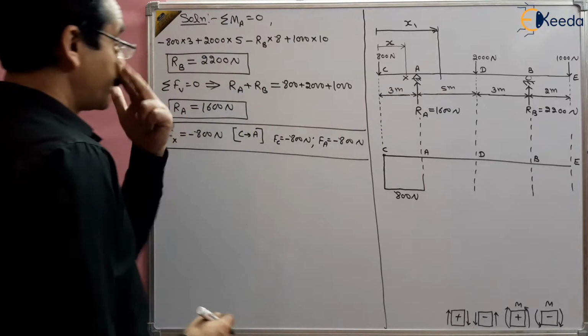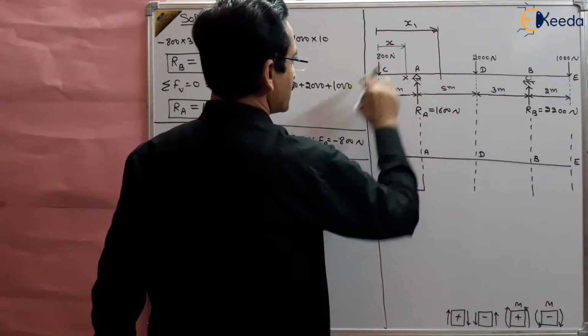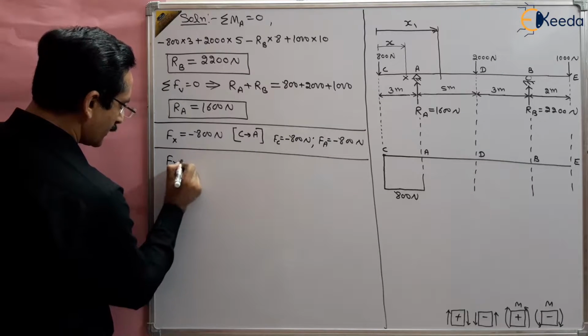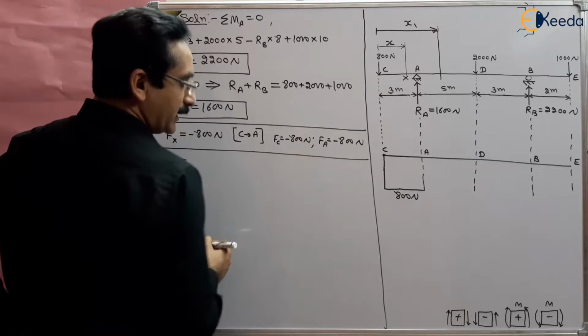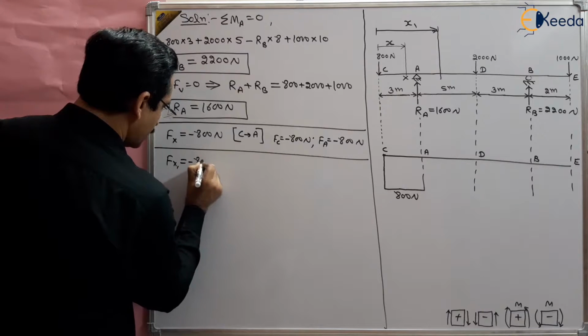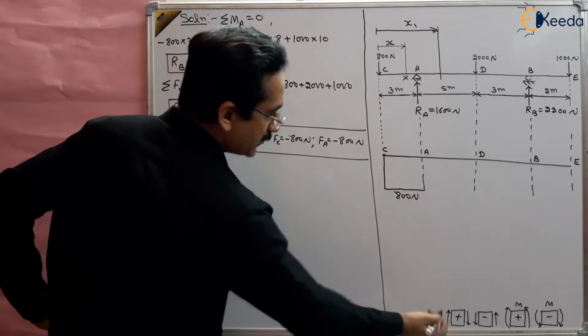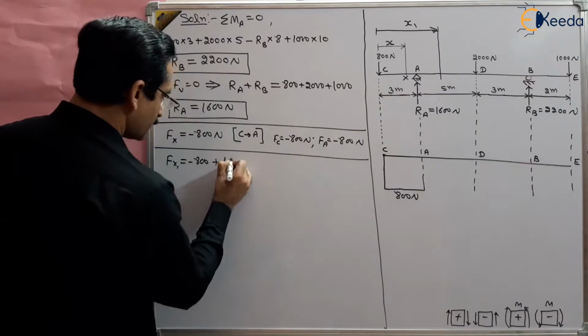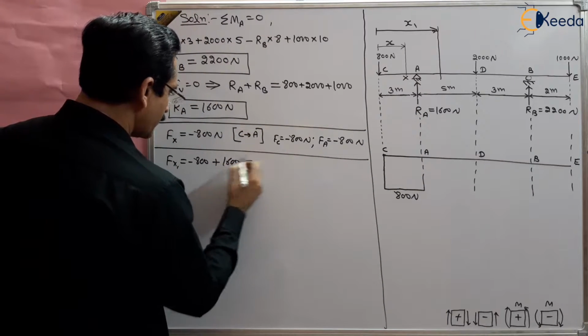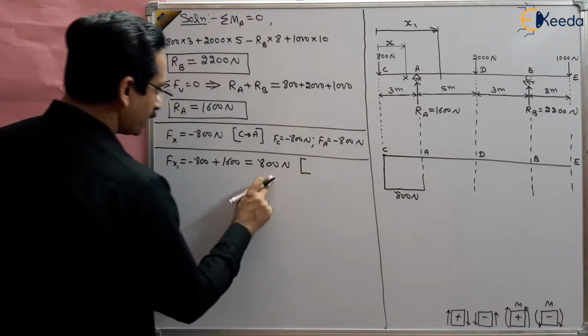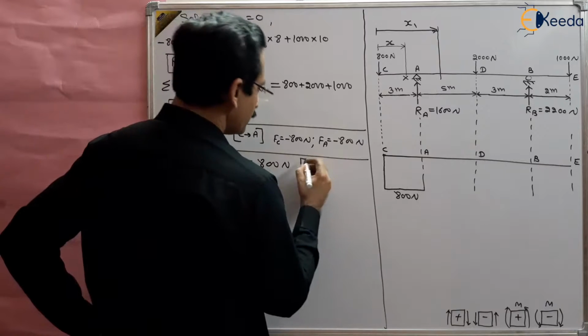There are two forces to the left of this section, 800 and 1600. So Fx1 will be equal to minus 800 plus 1600. 1600 is upward, so plus 1600. So this will come out to be 800 Newton positive, and it is valid between A to D.